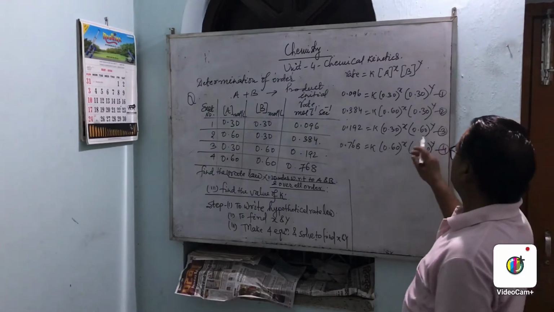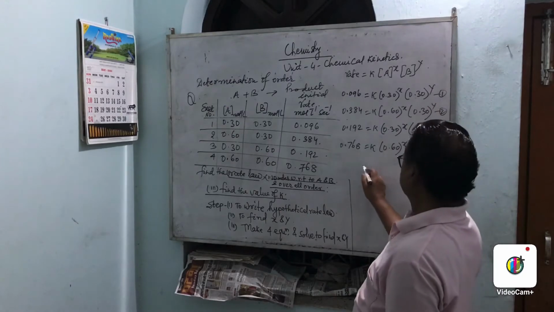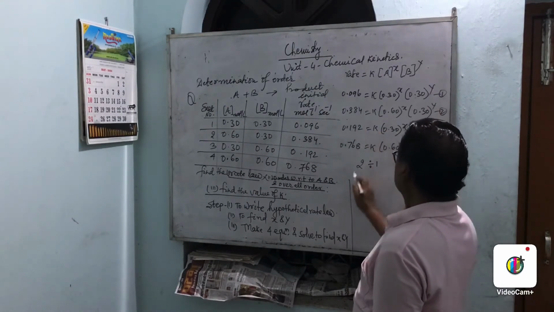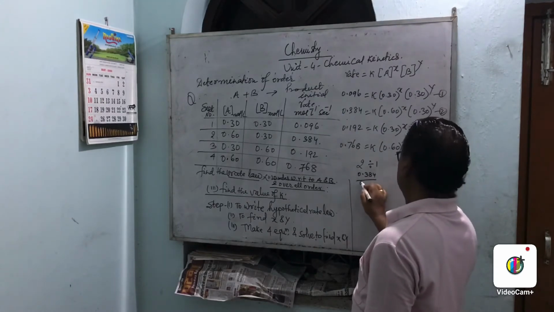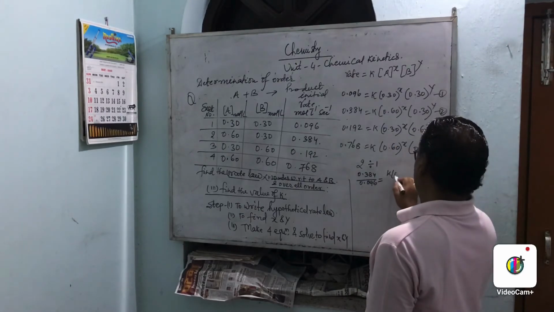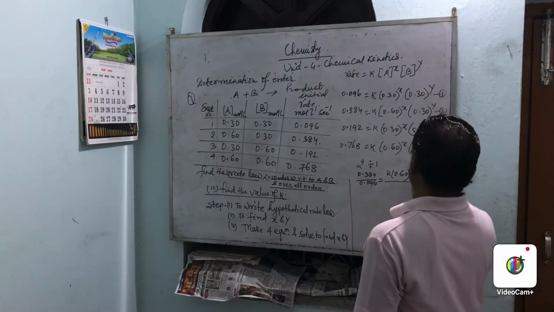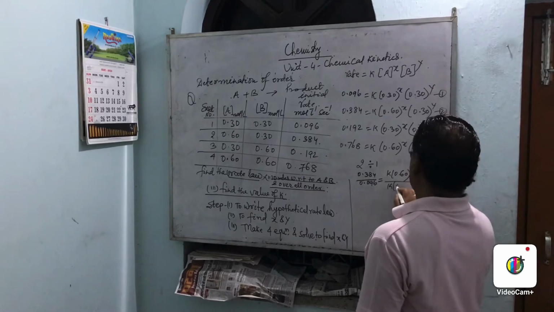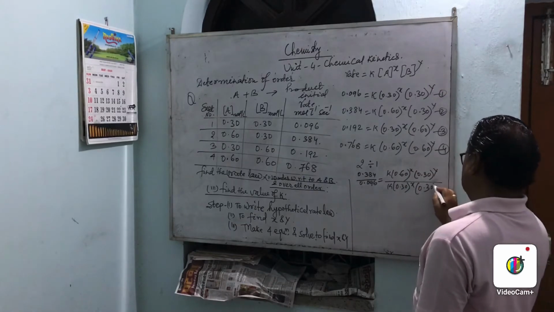So we see 2 divided by 1: this is 2.384, and this is 0.096, and this one is K, 0.60 is X, and this is 0.30 is Y, and K, this is 0.30 over X, and this is 0.30 is Y.